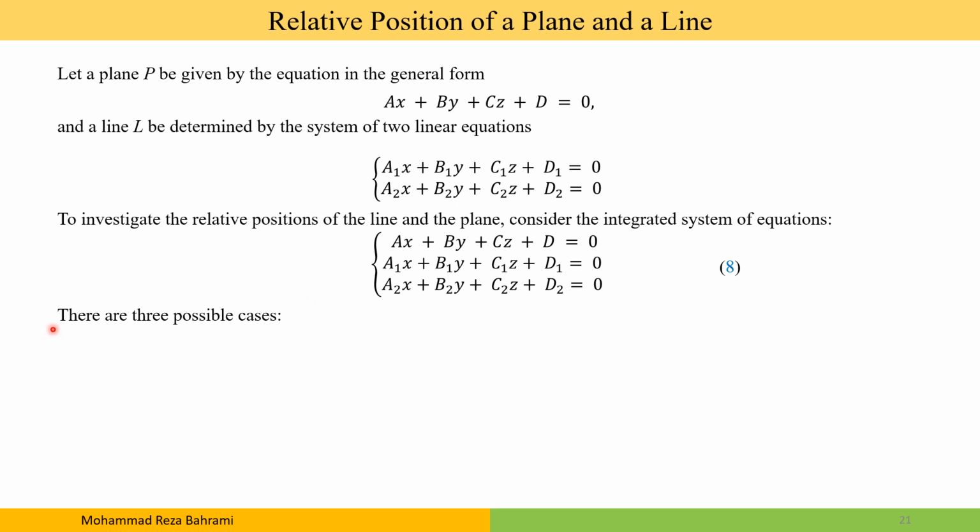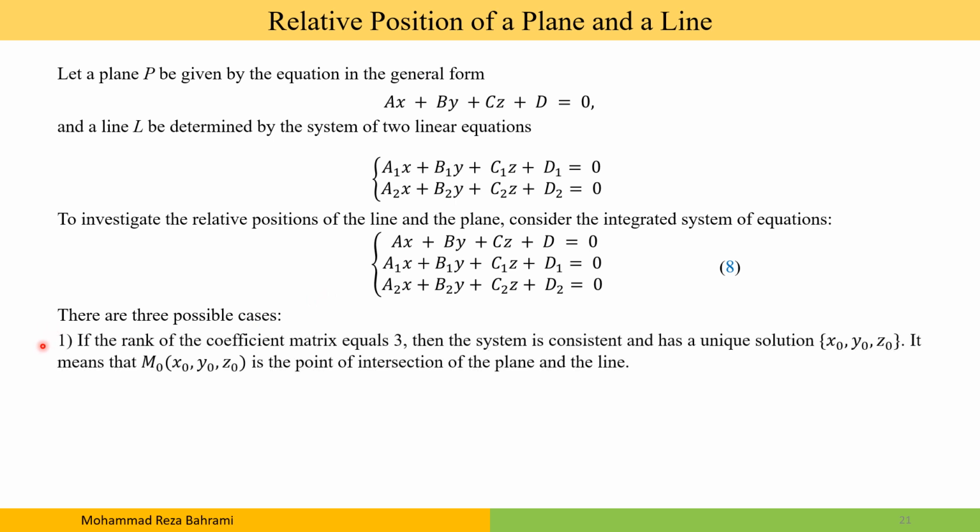So we have three possible cases. First, if the rank of the coefficient matrix equals 3, then the system is consistent and has a unique solution. It means that this unique solution is the point of intersection of the plane and the line.